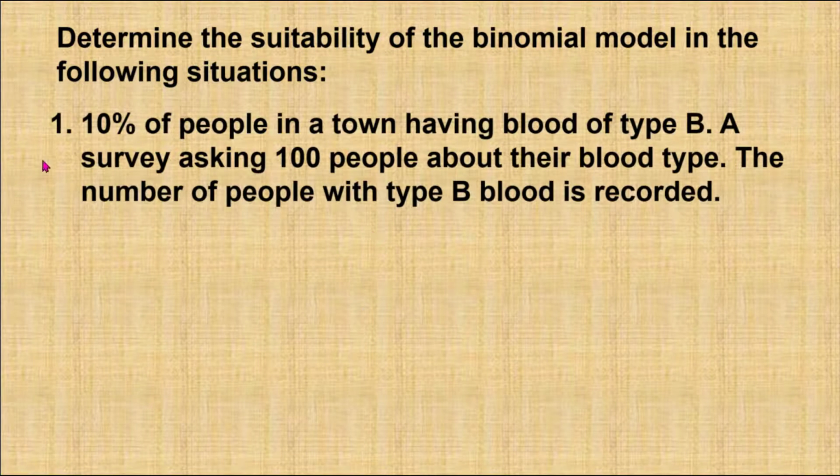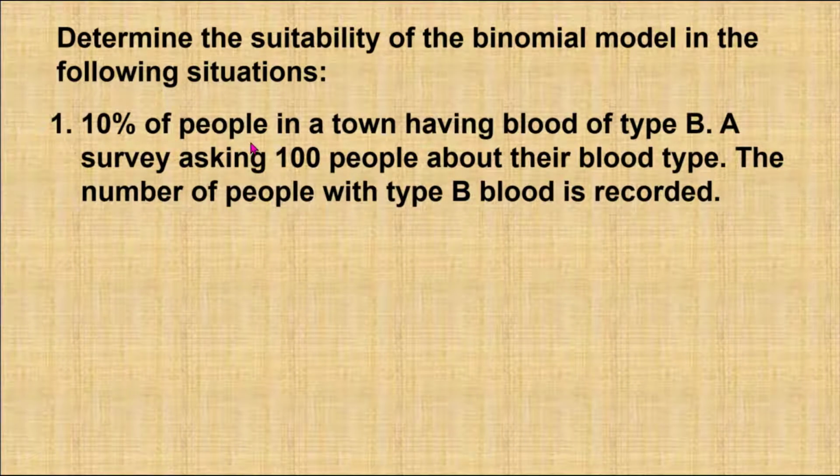For the first situation, 10% of people in a town have blood of type B. A survey asks 100 people about their blood type. The number of people with type B blood is recorded. For this situation, we found that there is a fixed number of observations, which is 100 people.